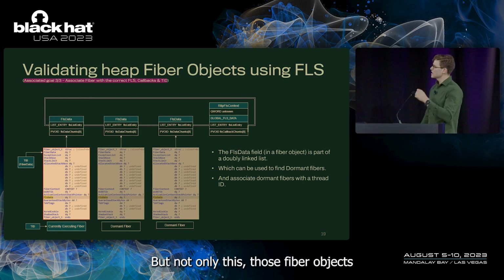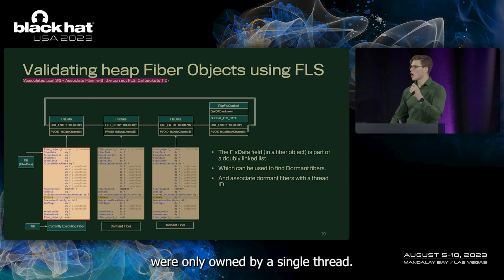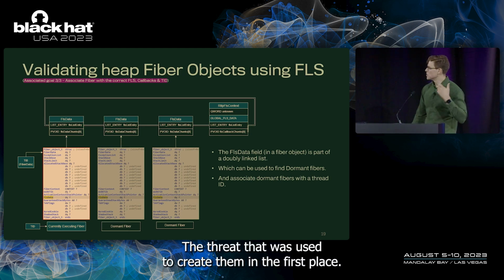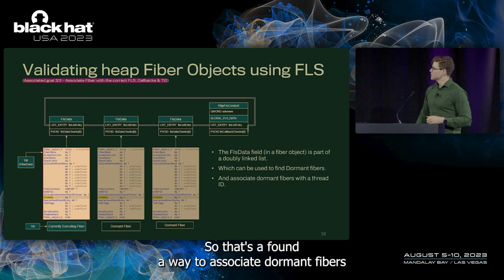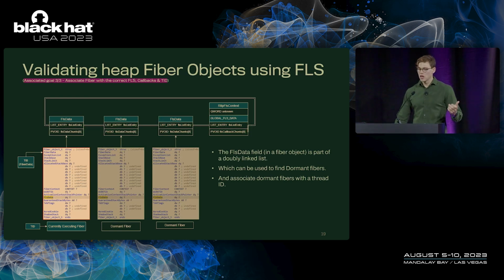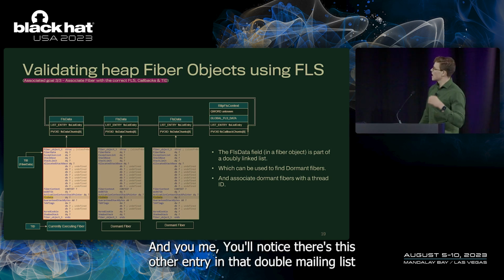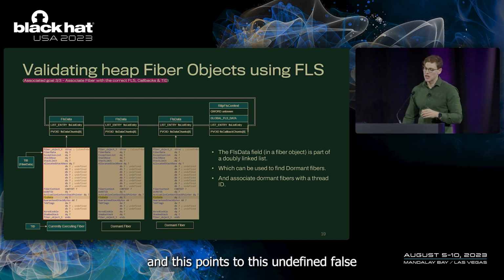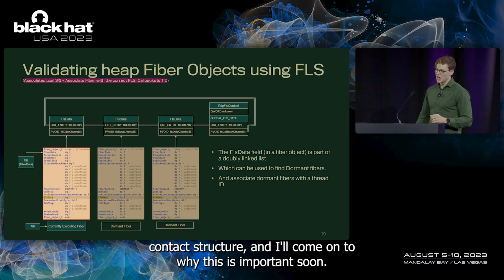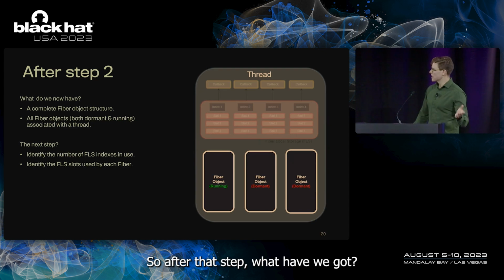But not only this, those fiber objects were only owned by a single thread, the thread that was used to create them in the first place. Thus I found a way to associate dormant fibers with the correct thread ID and match them with the currently executing fiber. And you'll notice there's this other entry in that doubly linked list, and this points to this undefined FLS context structure, and I'll come on to why this is important soon. So after that step, what have we got?